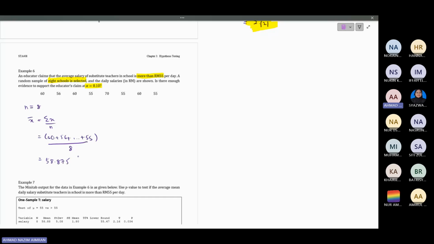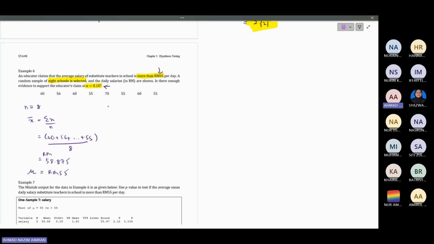And the mean that we want to test is given, that is equal to RM 55. And the alpha is 0.1.